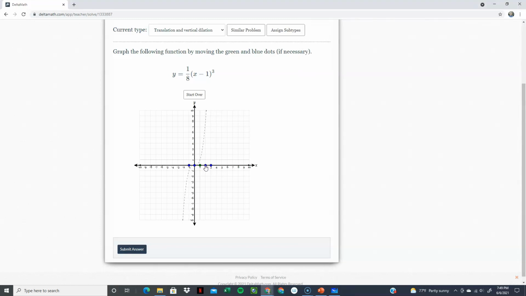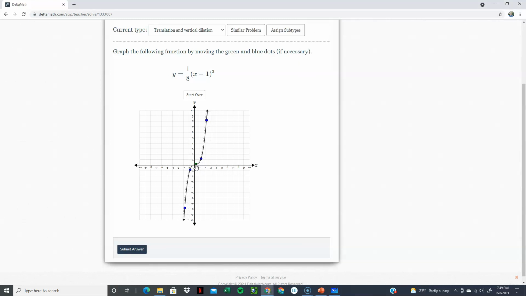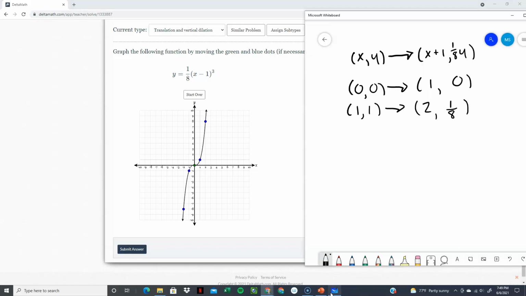Now, the thing is, I don't think it'll lock in at 1/8. And if it does, I don't know how we would even know that it's exactly 1/8. So that probably isn't going to be a good point for us to manipulate. We are probably going to want to manipulate this point right here, which our original point is (2, 8) for that one.